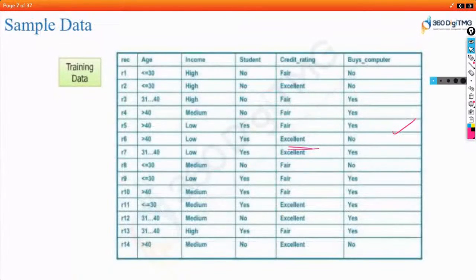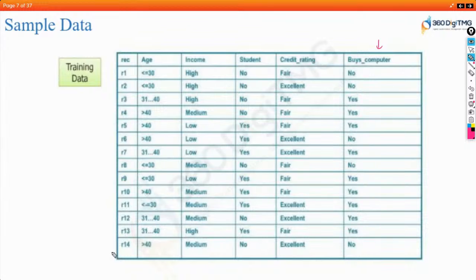Okay, so this is the data set. Assume you are helping an organization which is into selling computers, a computer accessory store, an electronic gadget store, and people are visiting the store to purchase these computers.